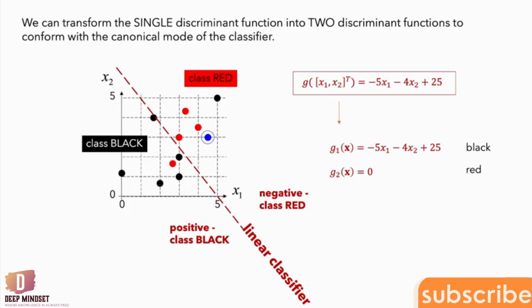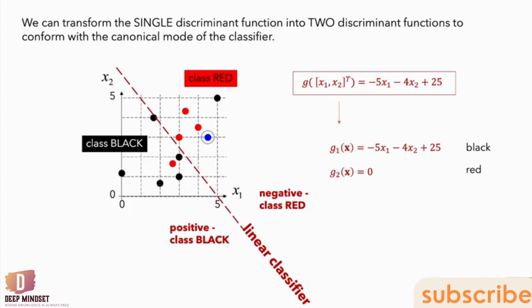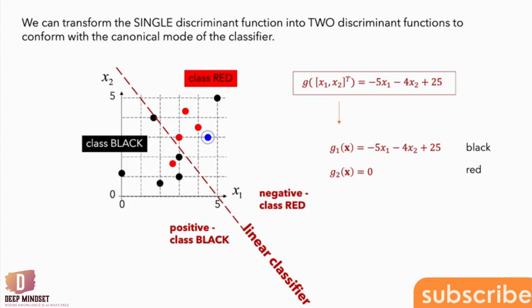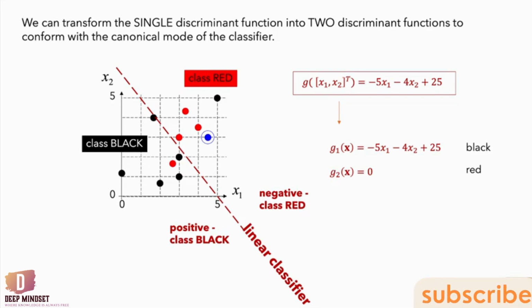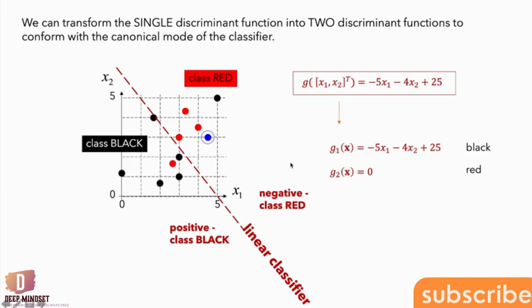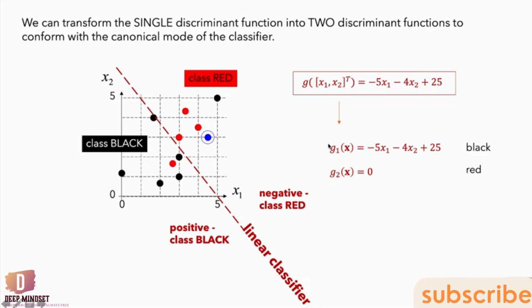If we want to rewrite our single discriminant function into two discriminant functions to conform with the canonical model of the classifier, we need a second discriminant function, and in that case this is just 0.